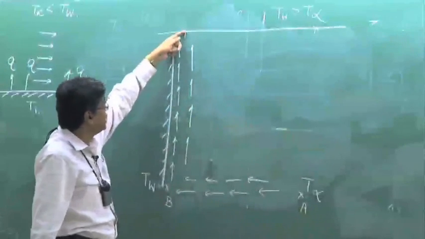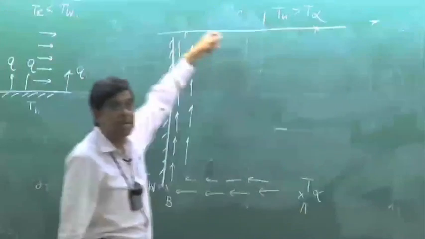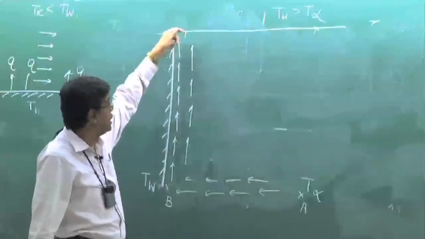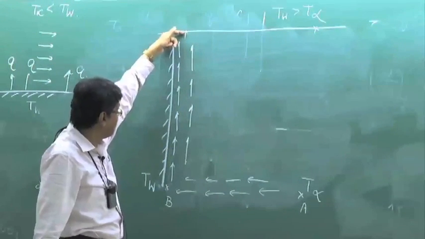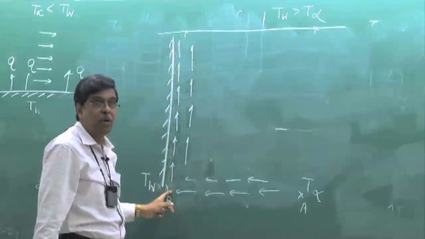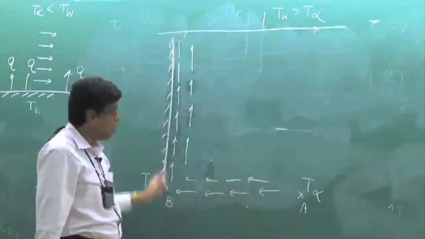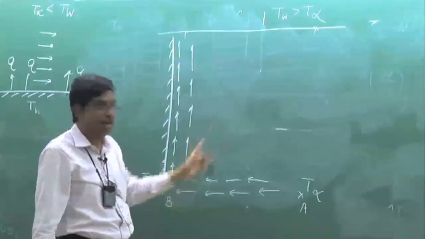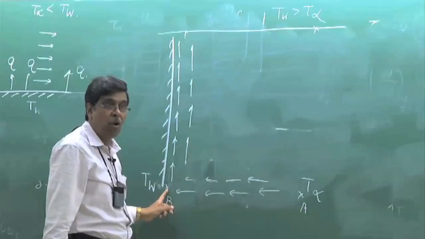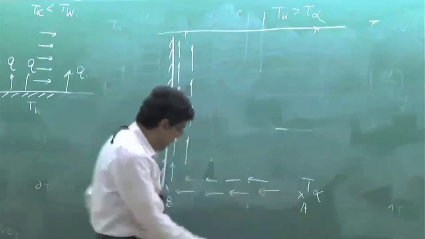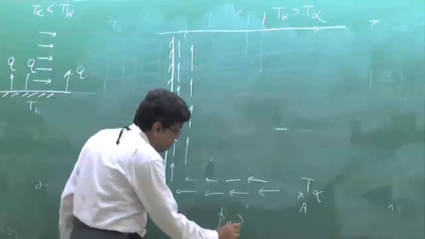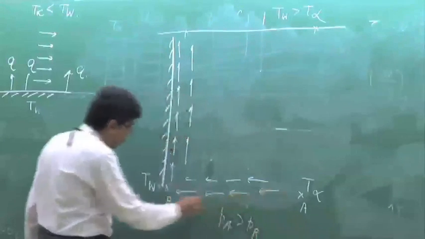Whereas here this pressure and this pressure is same at the same horizontal plane, hydrostatic pressure is same. It is this pressure plus the hydrostatic head, that is rho gh, where rho pertains to the density of a hot column of fluid. Consider air. So therefore this pressure is lower. So therefore PA is greater than PB, and this is the mechanism by which this type of flow takes place.